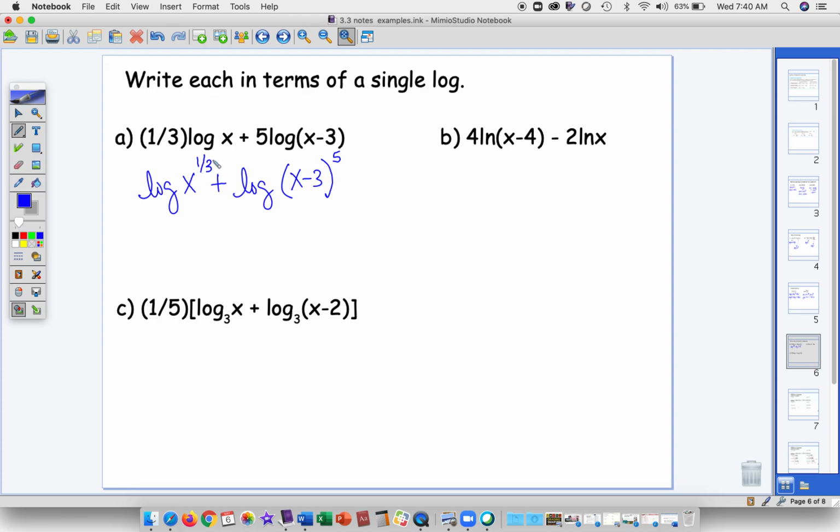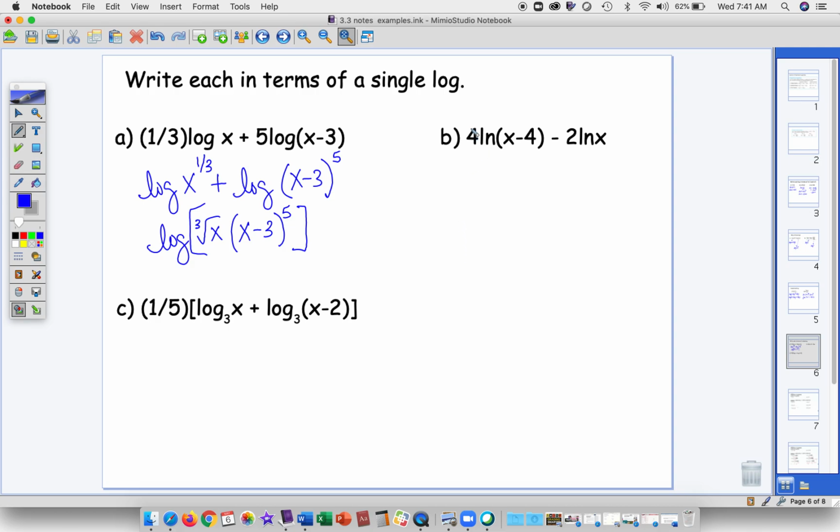And when I see this, you're going to change back to the root form. Okay, when you have a rational exponent, turn that into a cube root. So this is the log of the cube root of x times x minus 3 to the 5th power. If you wanted to, you could put an additional bracket around that.